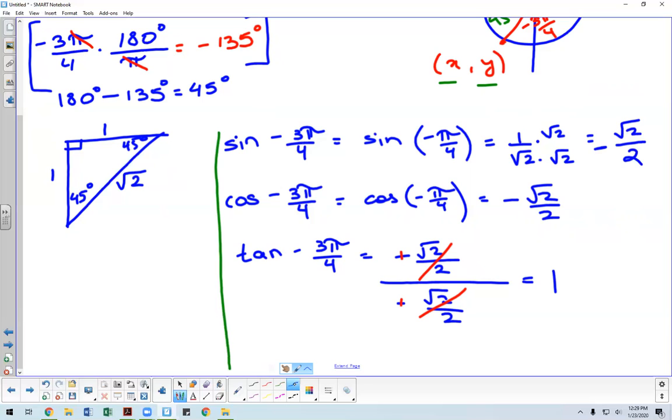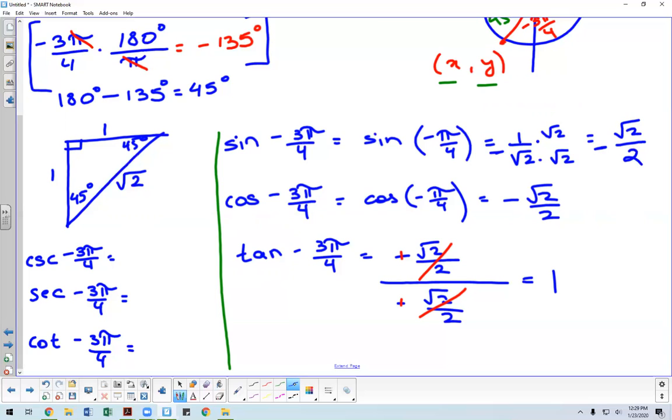And then what about the reciprocal functions? Cosecant, secant, cotangent. This is just going to be negative root 2, negative root 2. I should put a negative sign here.